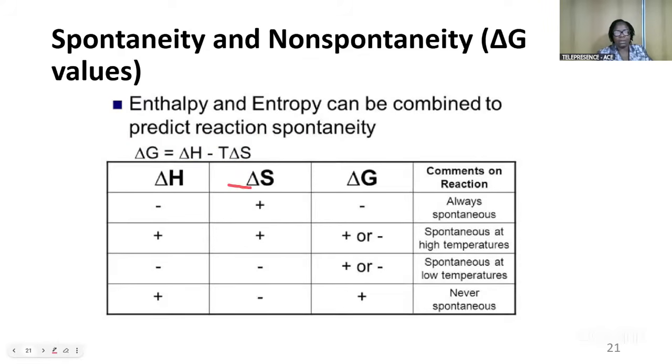What we are concentrating on is delta S value and delta H value. When you have delta H as negative and delta S as positive, delta G will always be negative, and that means the reaction will always be spontaneous. And if you have the reverse, it's never spontaneous. Those ones that are in between will depend so much on the temperature of the system.